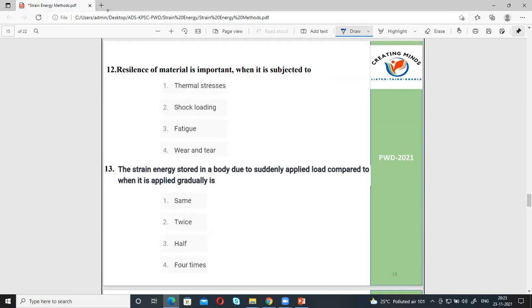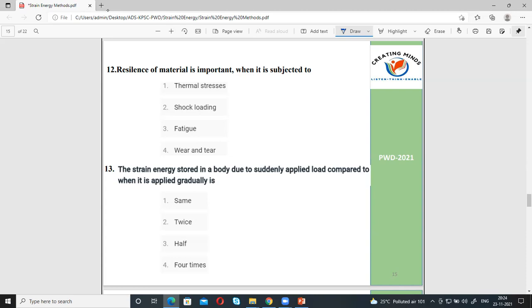Next, resilience of material is important when it is subjected to what? Thermal stresses. Others? Now, I will pose one simple question.